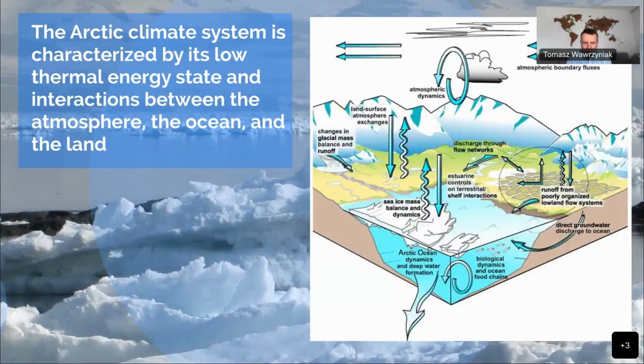When you think about the Arctic climate system, it can be characterized by low thermal energy, because the solar radiation just slightly reaches the ground and covers a bigger area because of the low angle. But it's also the interactions between the atmosphere, the ocean, and the land that influence the climate in the Arctic.